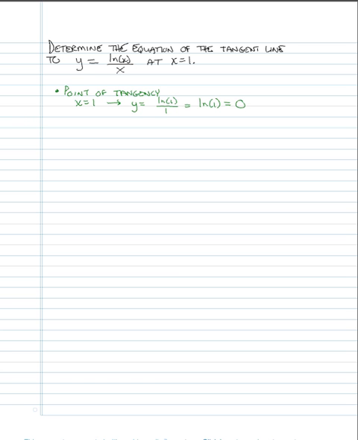Because remember, here's what this means. If we have the natural log of x is equal to some number, what this is all about is that the number it is equal to is an exponent, and it's the exponent that goes on the understood base of e.